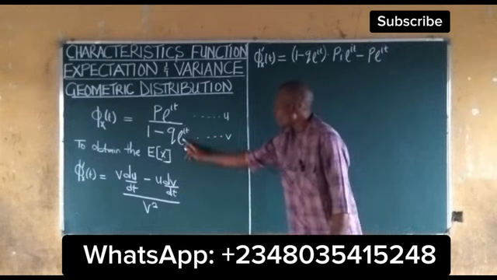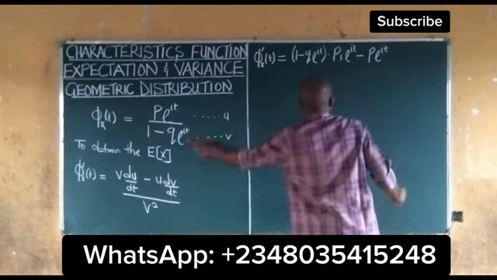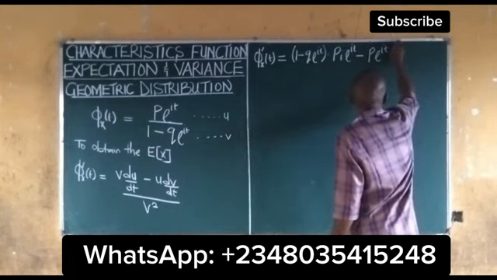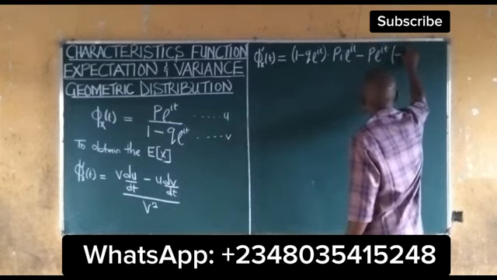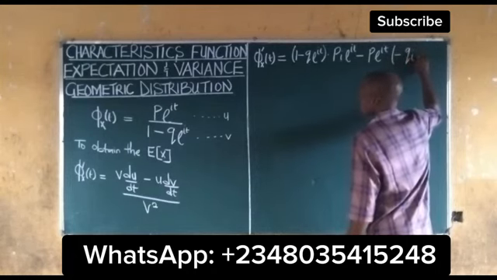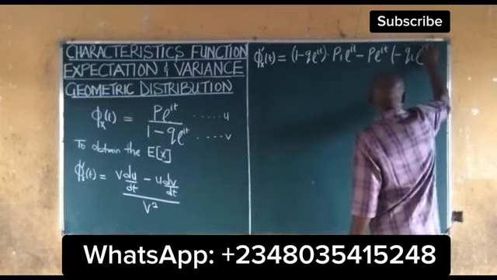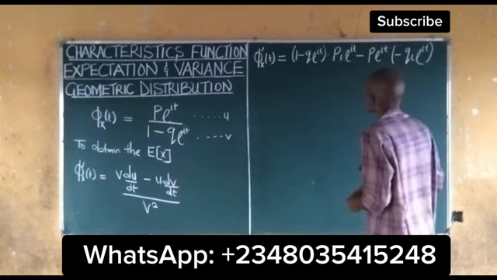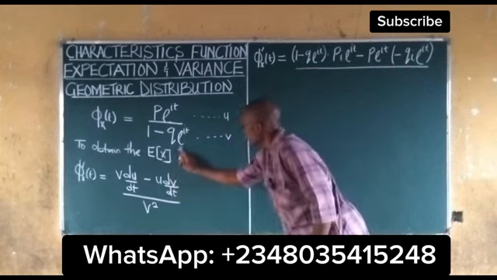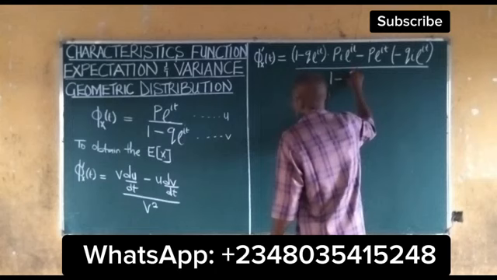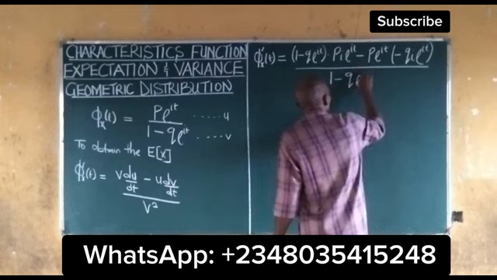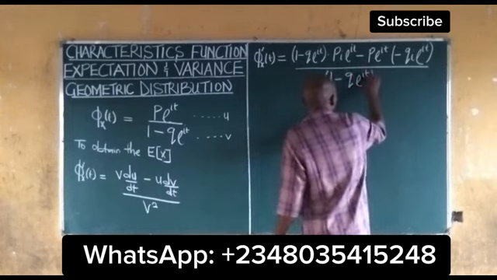We differentiate v with respect to t, and we get negative q i e^(it). So this is what we get, all over v squared, which is 1 minus q e^(it) all squared.